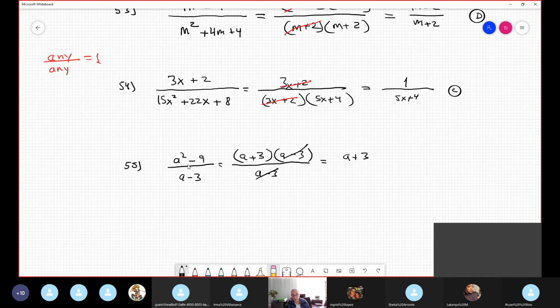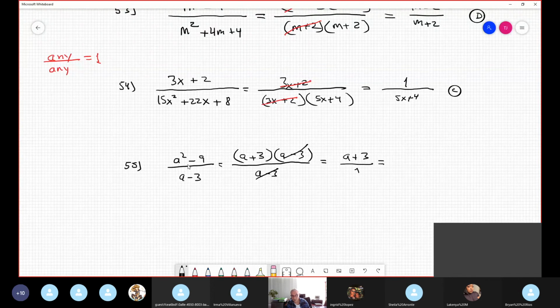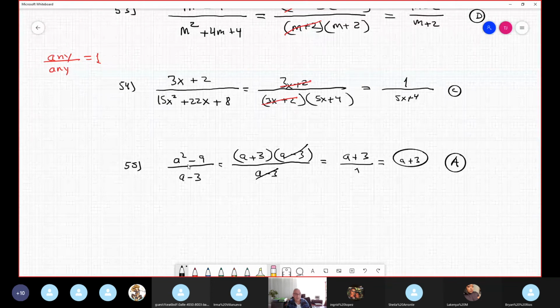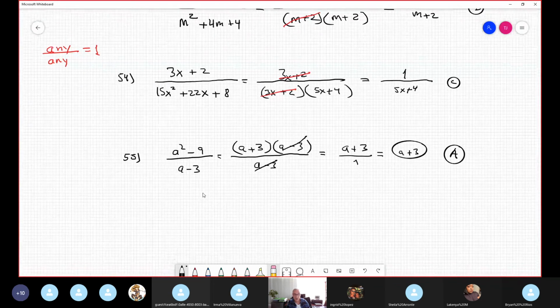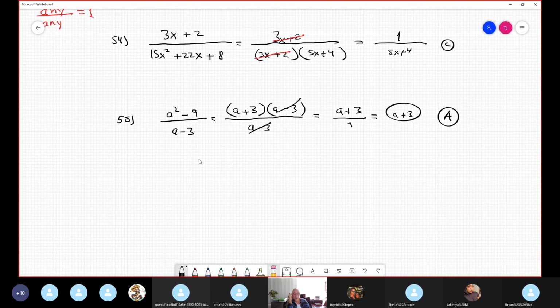You can write it like that, but this is not good, because when the 1 is in the bottom, it is not necessary to write it. When the 1 is in the top, yes, because it's reciprocal. But when the 1 is in the bottom, division by 1 or multiplication by 1, that is option A. With 54 and 55, I tried to illustrate how you write the final answer when one factor is missing in the top or in the bottom.